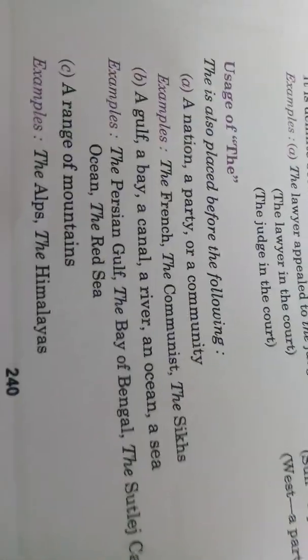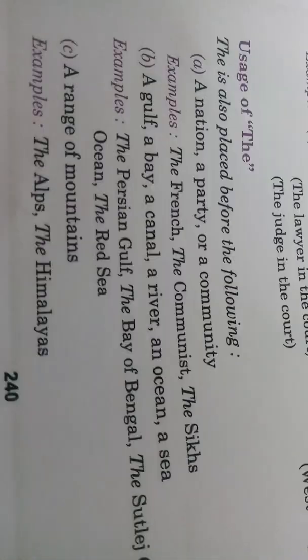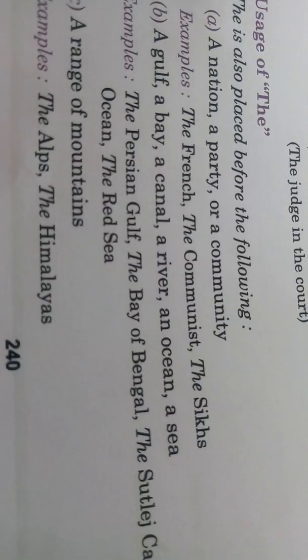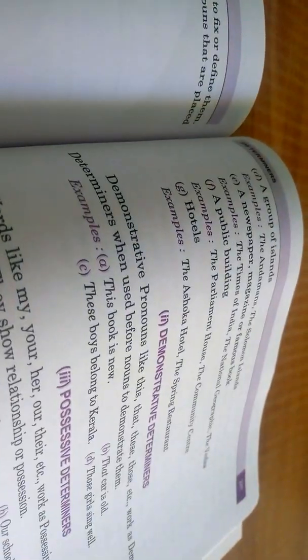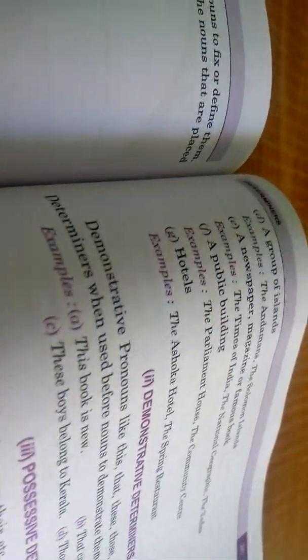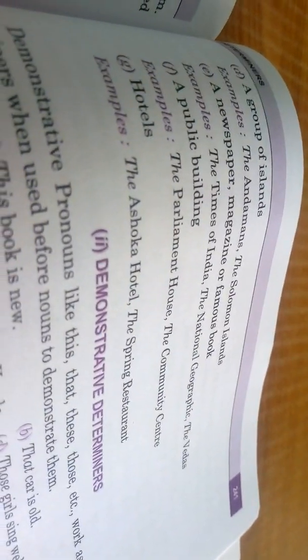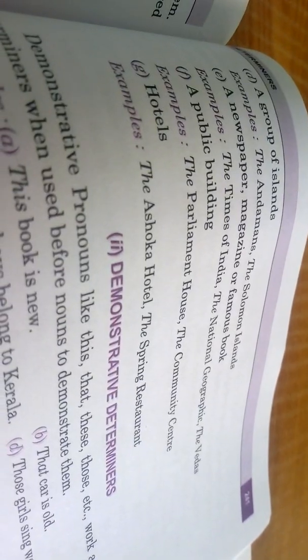And also, before a range of mountains, we use the. For example, the Alps, the Himalayas. And before the name of a group of islands, we must use the, like the Andamans, the Solomon Islands.